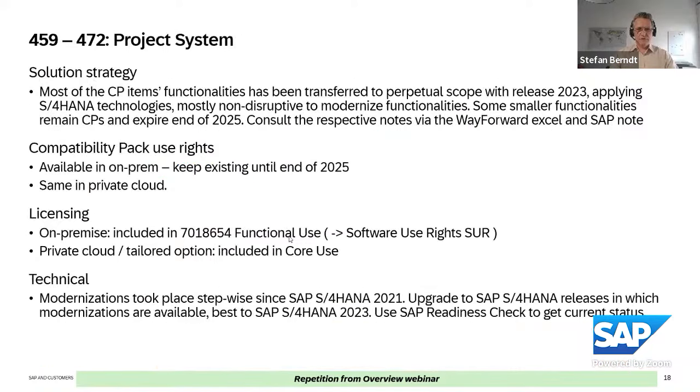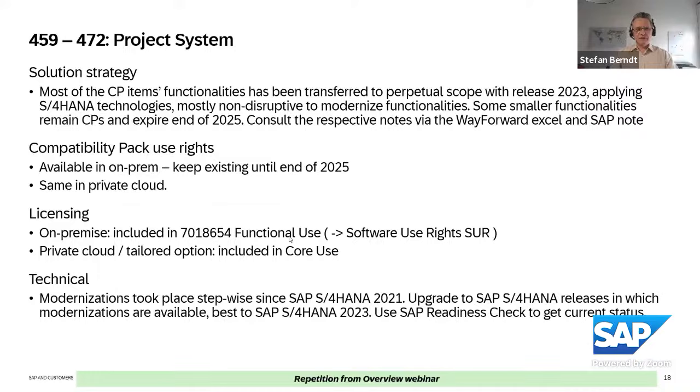Exactly. Okay, then I think it's back to me. Project system, also a topic a lot of our customers are using. Here it's a little bit similar to the HCM solution we discussed before. We have renewed or modernized a lot of the functionalities which were previously provided here in the ERP context.